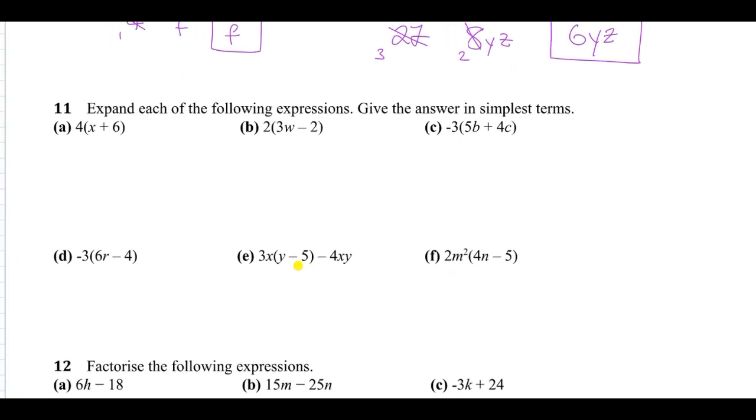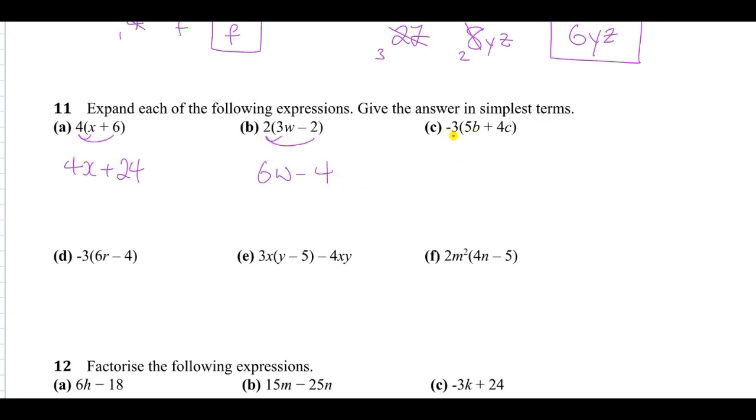For question 11, expanding these expressions, I'll do this quite quick. You can always watch the video back if you want to. This will be 4x plus 24. 2 times 3w minus 2 times 2, 6w minus 4.